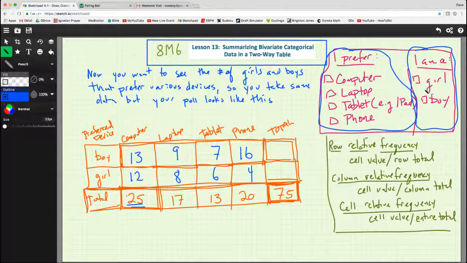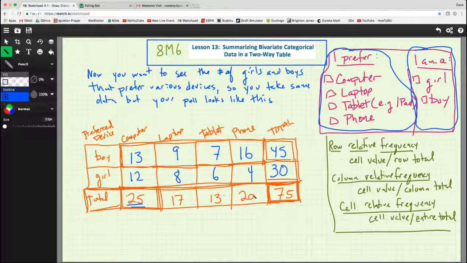And notice in my class, if we add across the girls, 12 and 8 is 20, and 6 and 4 is 10 more. So there's 30 girls in my class. And boys must be 45. It must make the difference. And we can add that up: 13 and 9 is 22, plus 7 is 29, plus 16 is 45. So I have a lot more boys in my class than girls.